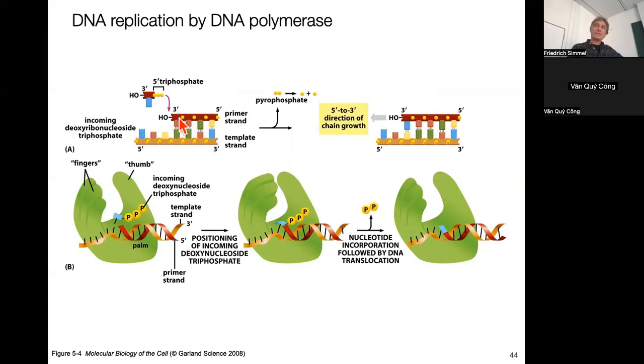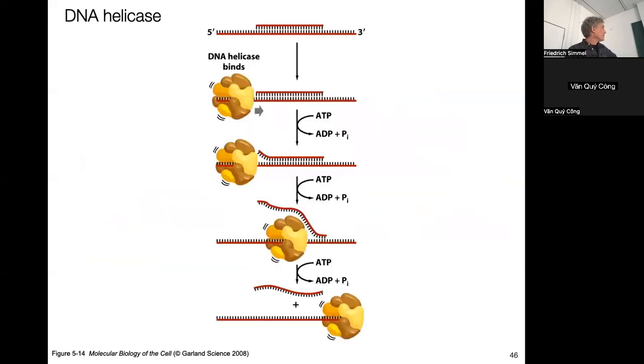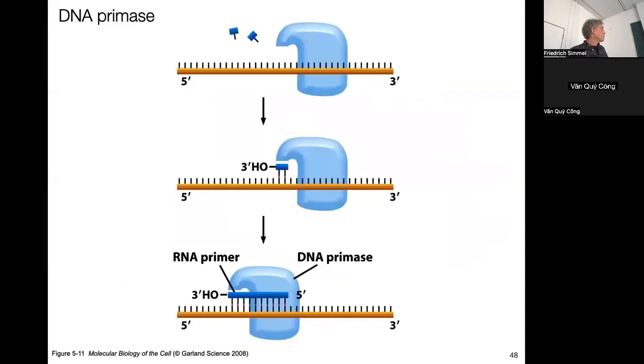So you need something that generates the primer in the first place, and this is the so-called DNA primase. There are several enzymes that can act as primases. Also, RNA polymerases can prime DNA polymerization. So you need something to make a first short stretch of RNA, and then the DNA polymerase can come in and start synthesizing from here.